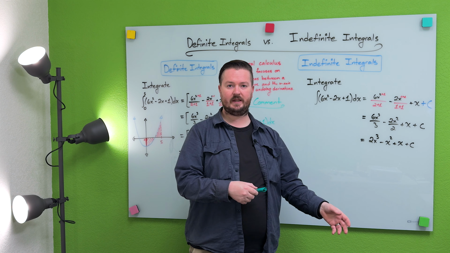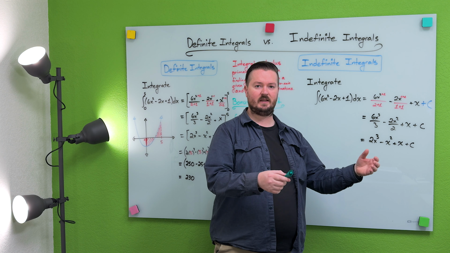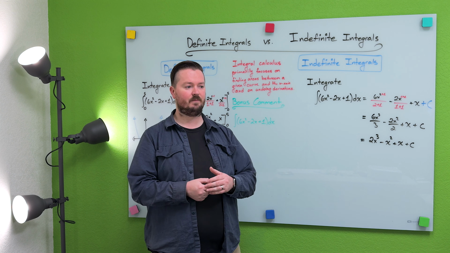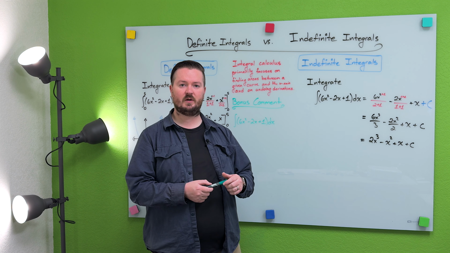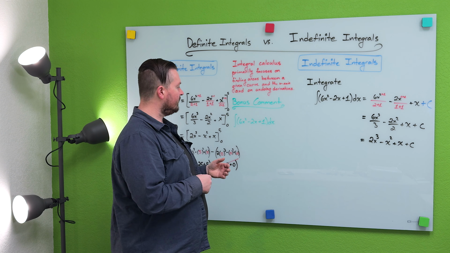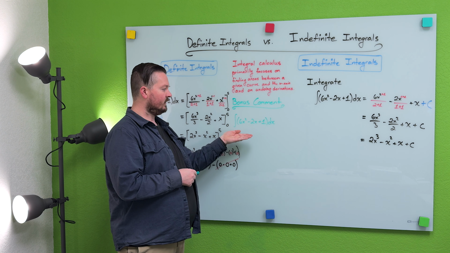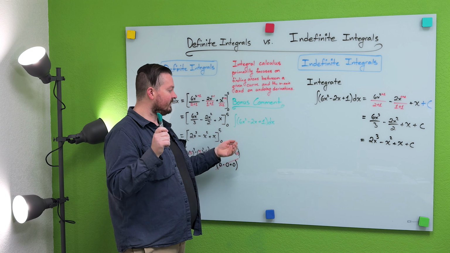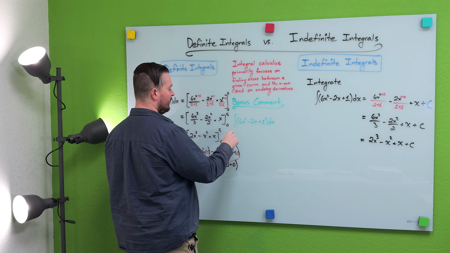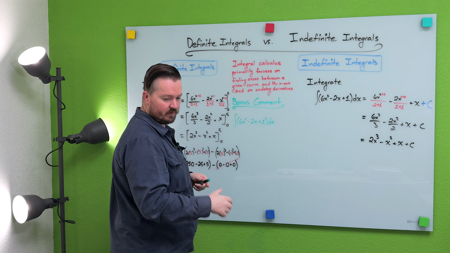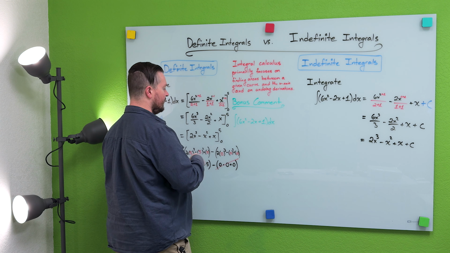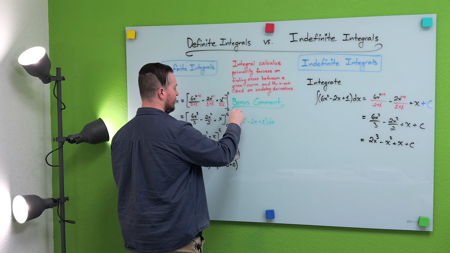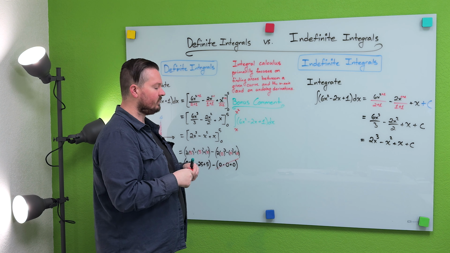on to Calc 3, or sometimes you'll see this in, say, differential equations, you'll see this in linear algebra. I want to talk about finding an integral, a definite integral, but one where your limits of integration are actually variables.